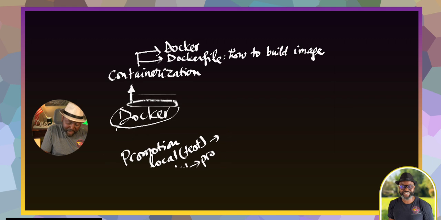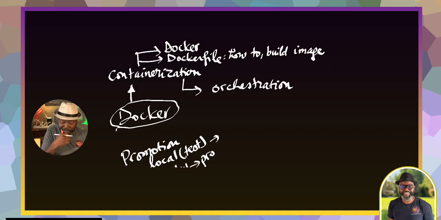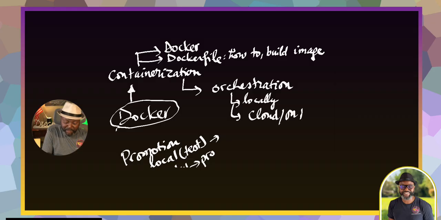That's one thing. And now with Docker, you are able to orchestrate. This is where we talk about orchestration. You can do it locally, or you can do it on the cloud or on-prem. Okay.